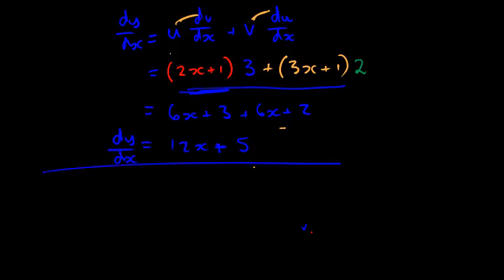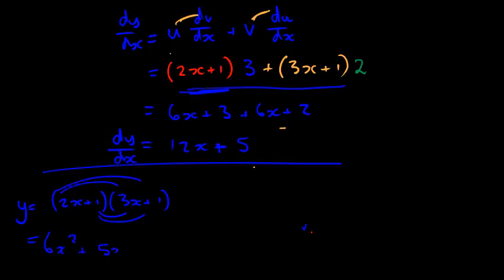It's worth noting that had we gone back to our original function, y equals 2x plus 1 times 3x plus 4, had we expanded this out, you would have got 6x squared plus 11x plus 4.